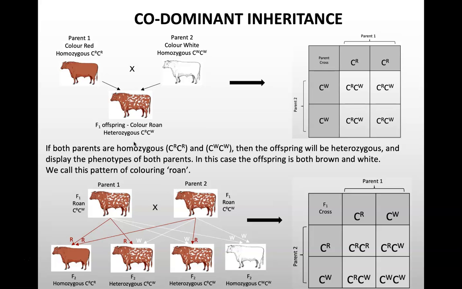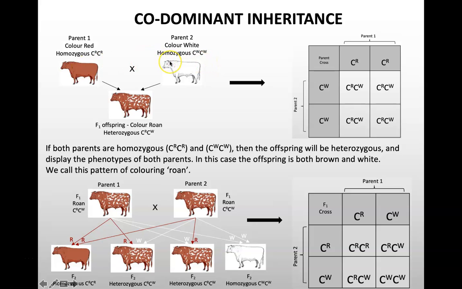Our last example is our roan cows. So we have two different colouring cows, and the gene that expresses these colours we write the genotype as capital C with a superscript R, so that C stands for colour and the R stands for red, colour red, so two alleles that mark for red colouring, and then we have two colour alleles standing for colour white in the other homozygous parent.